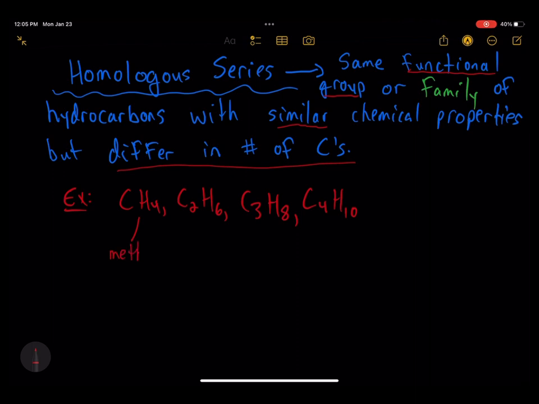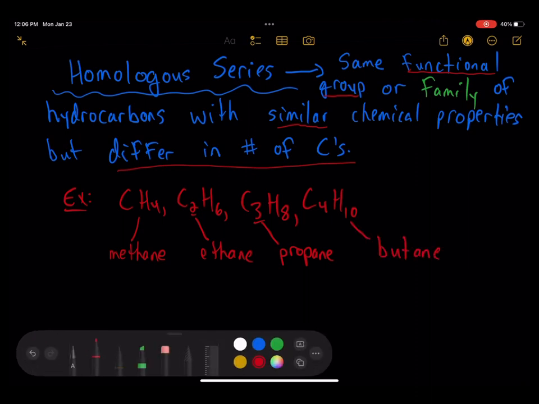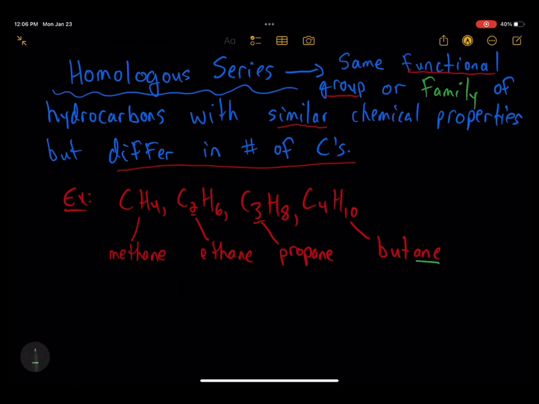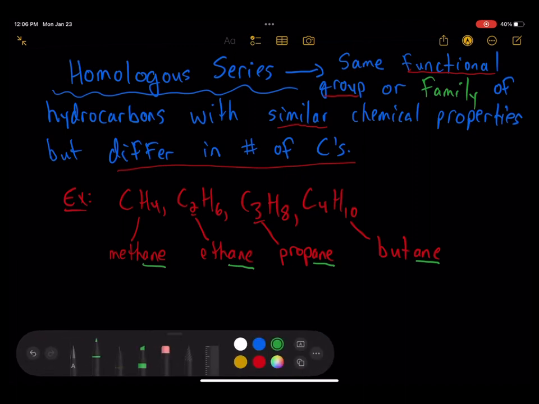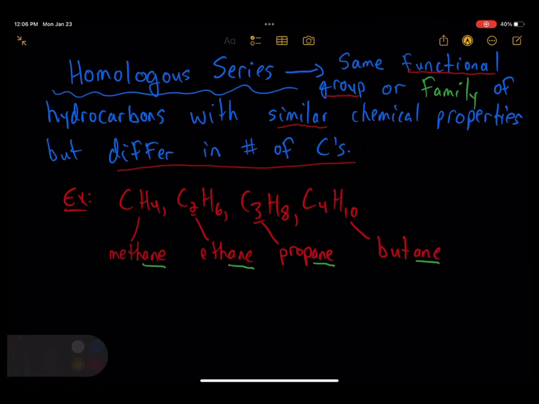So when we look at this one, for example, we can see that each of these belongs to the alkane functional group. So they're all part of the same functional group. However, their carbons are what differ. What we can expect is that these ones would behave similarly in the lab, but not the exact same, and they would have a predictable pattern because they all belong to the same functional group.